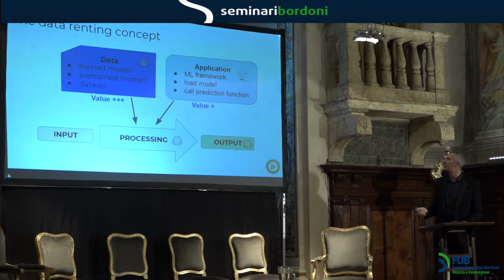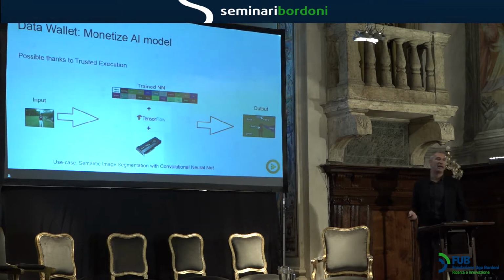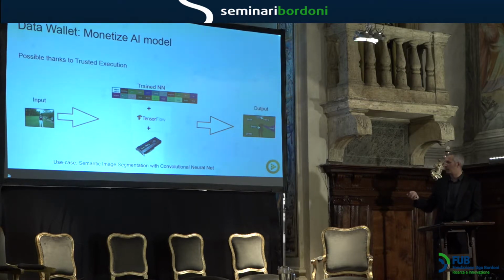A good example for that is typically an AI model. This is an example of an application: semantic image segmentation. It works this way. Basically, the input is an image, and the output is the image with some semantic annotation.